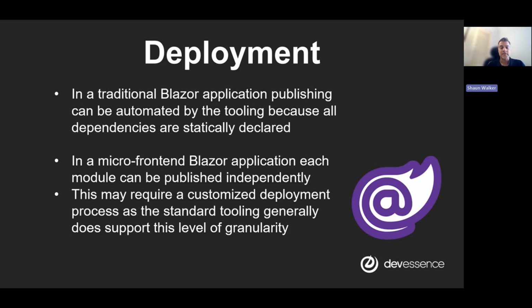The whole point of using micro-frontends is that you can do more granular deployments, right? So things are broken down into smaller pieces, and those smaller pieces can be independently deployed without having to push out the entire application every time.